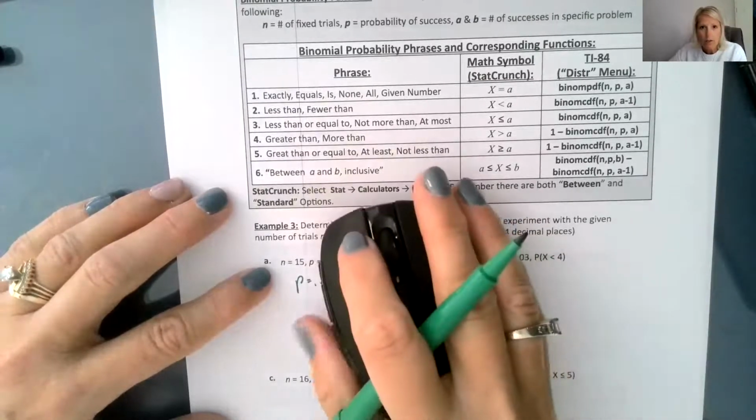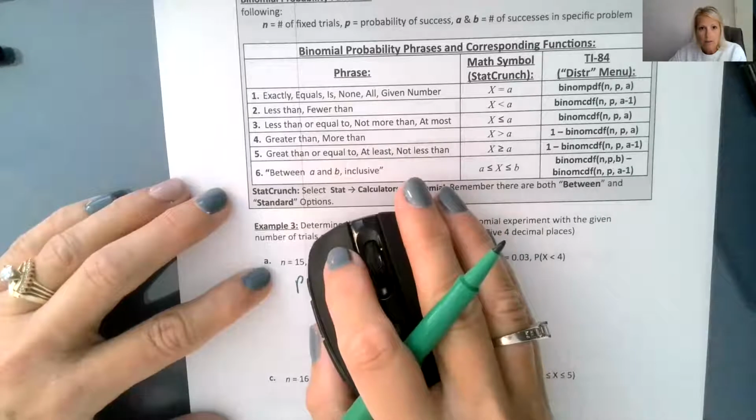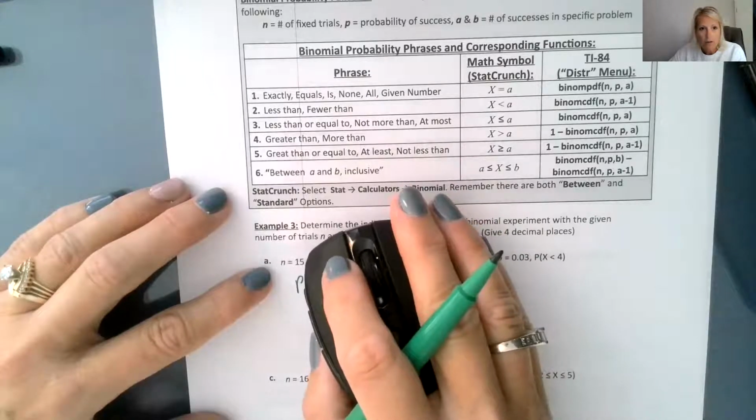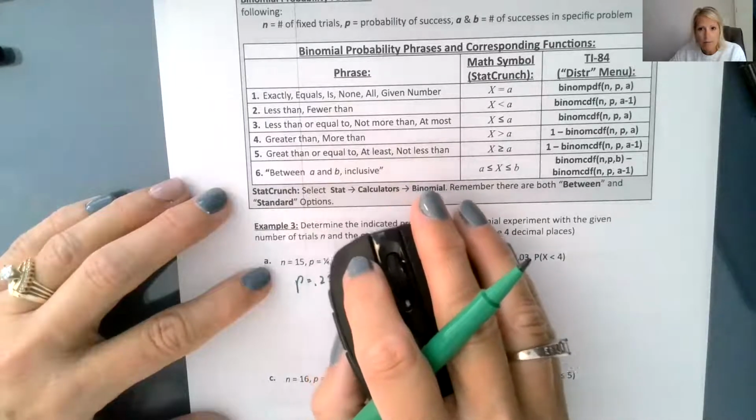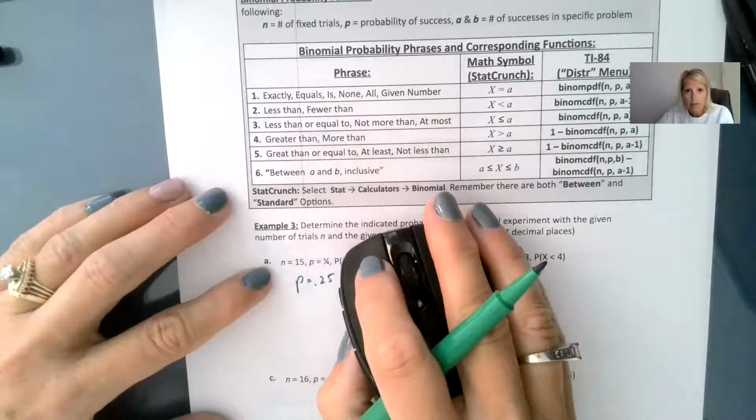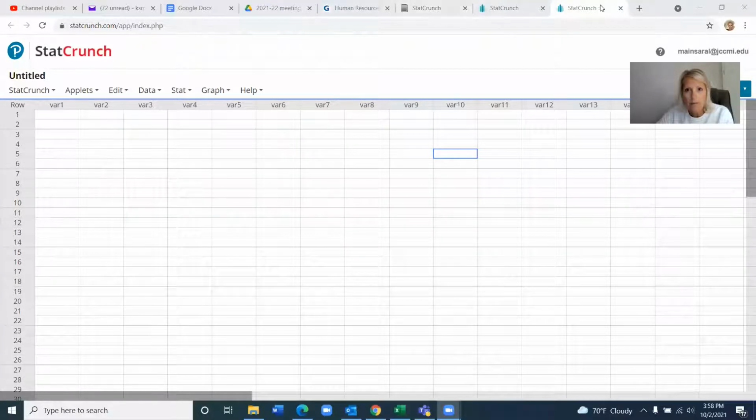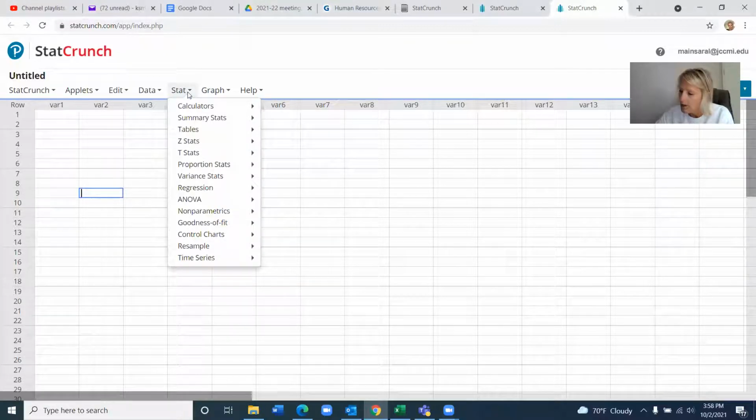So we're going to share our screen to StatCrunch here. We are going to go to Stat, and this is on your page in your notes.